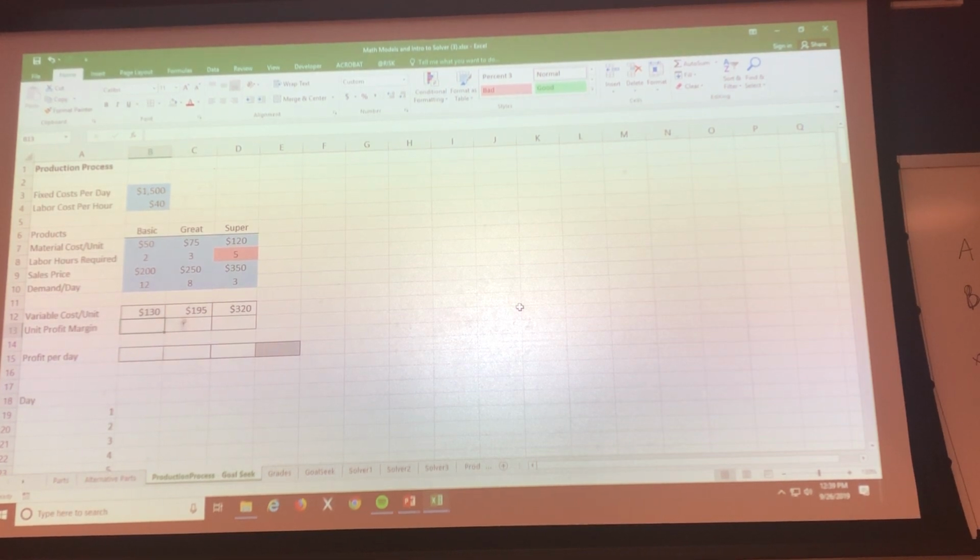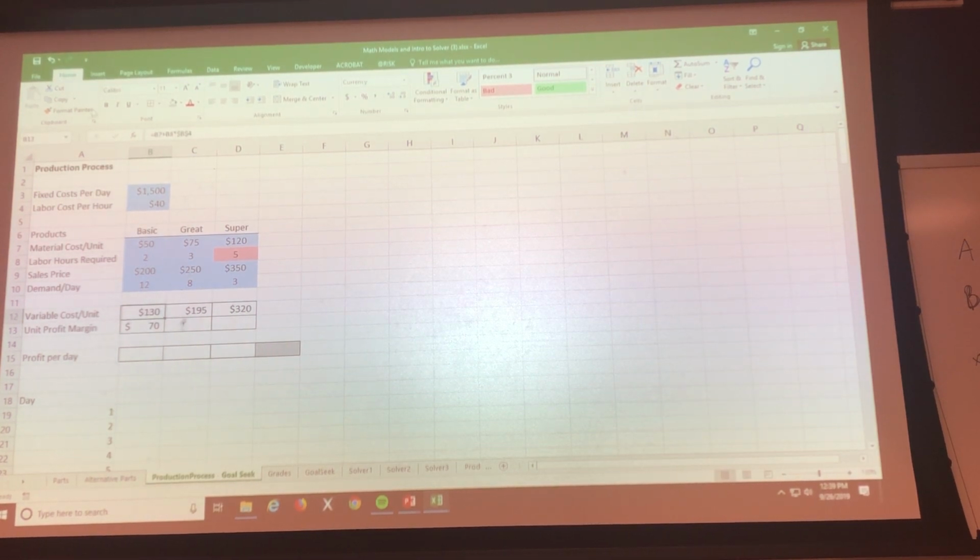Well, a profit margin, profit is your revenue minus your cost. Well, when you're talking about just one unit, the revenue is the selling price. And the cost, we just figured out, unit variable cost. So basically, you sell these things for $200, the unit cost is $130, you make $70 off of this.